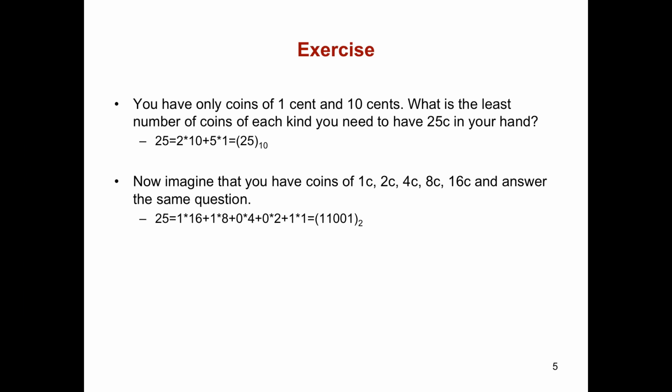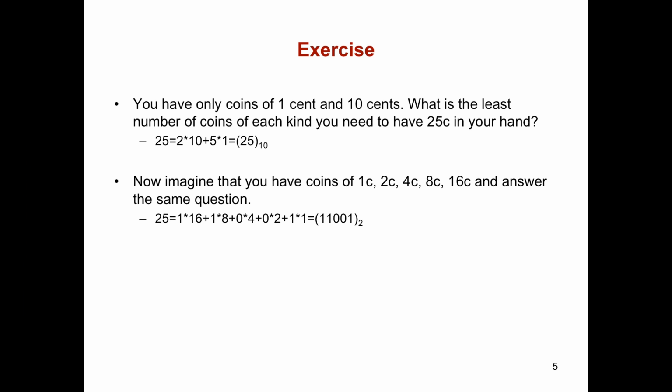This is my representation in base 2, and those are the ones and zeros that I actually store on the computer, because that's what a computer knows. Computers cannot have 10 different digits. They have only 2 digits, on or off. So these are now my bits.